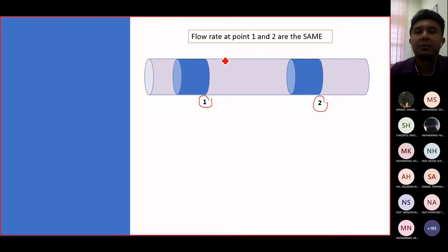Why? Because this is an ideal fluid and this is conservation of mass. When mass is conserved, the mass will be the same here, and volume will also be conserved, be equal. So flow rate here and here and here is the same. But this is common sense.